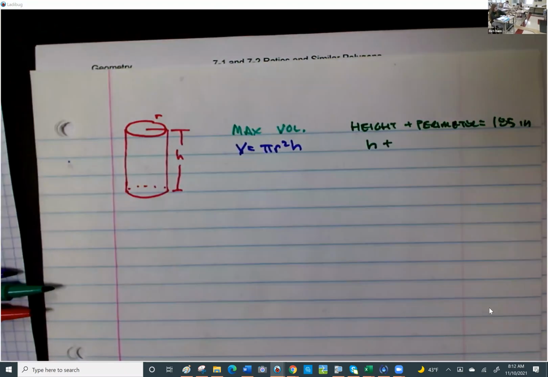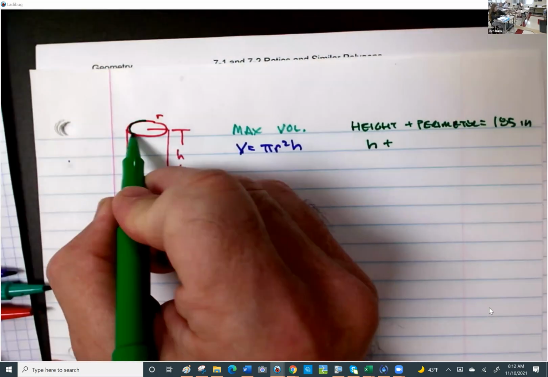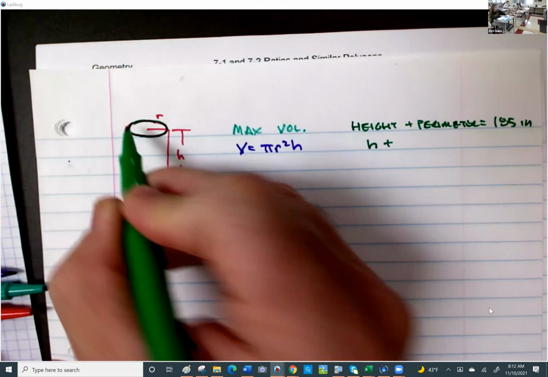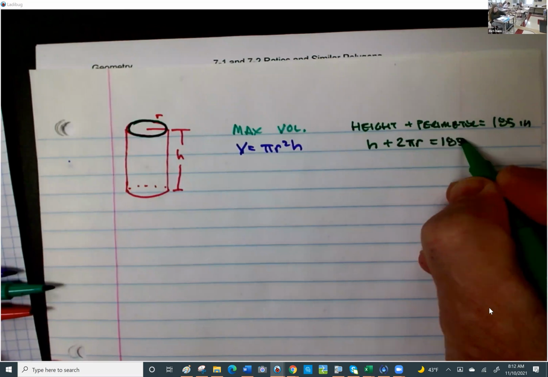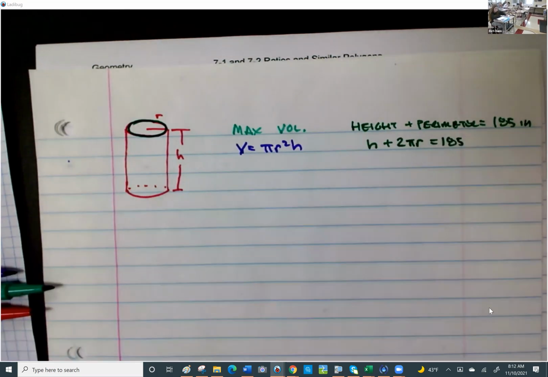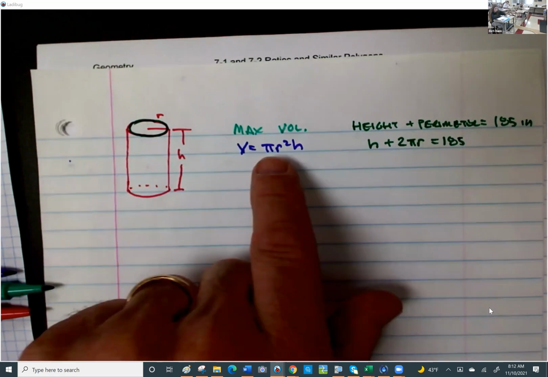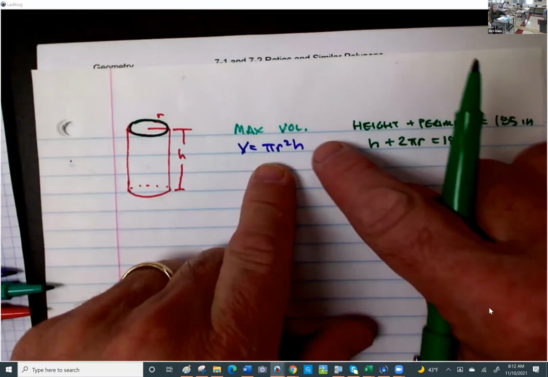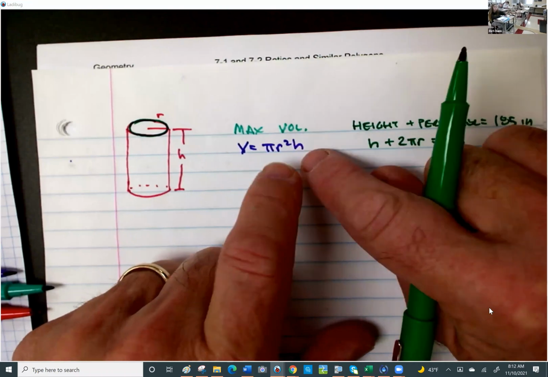Well, what's the perimeter of that cross section going to be? It's just plain old circumference, right? Which would be 2 pi r, so h plus 2 pi r equals 185. So why did they need to do that? Well, they needed to give us something, because this volume would have an infinite number of ways of putting r and h in here, and we couldn't get rid of one or the other in this problem.